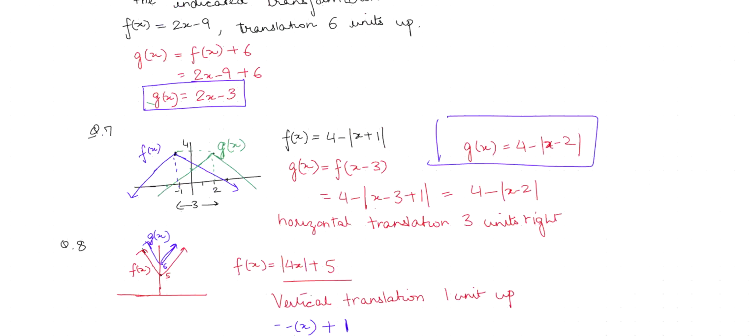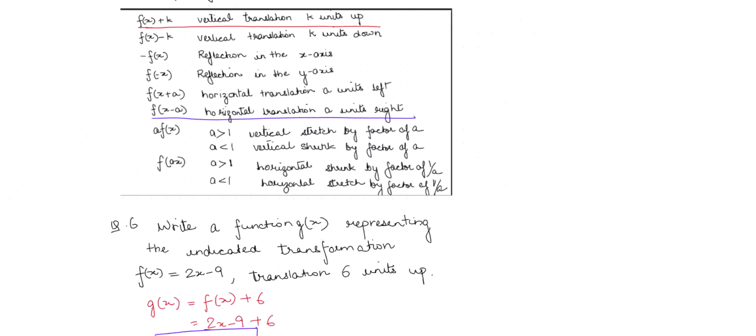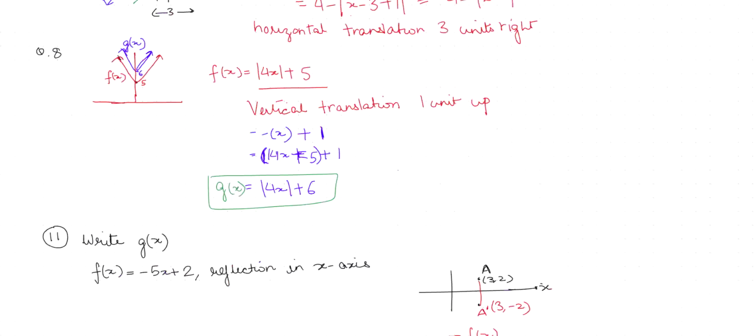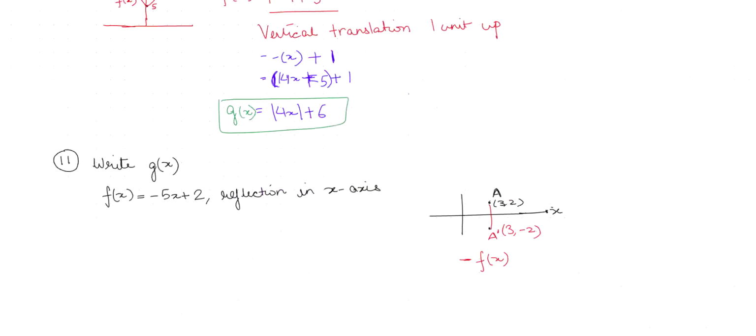This is reflection in the x-axis. Okay, this one. So we'll just multiply the function. So g(x) would be minus f(x).